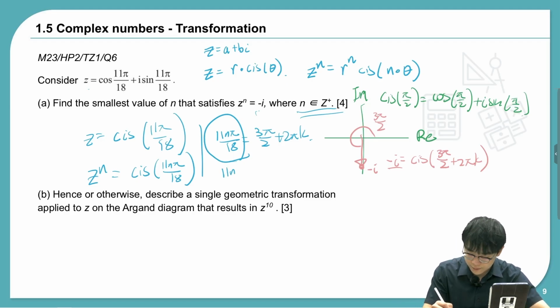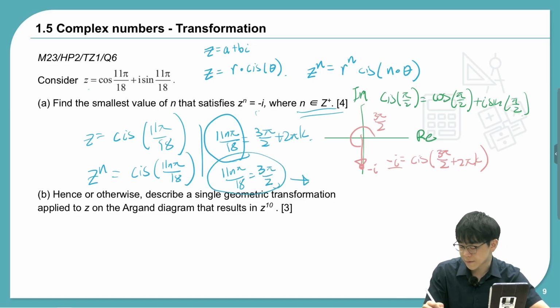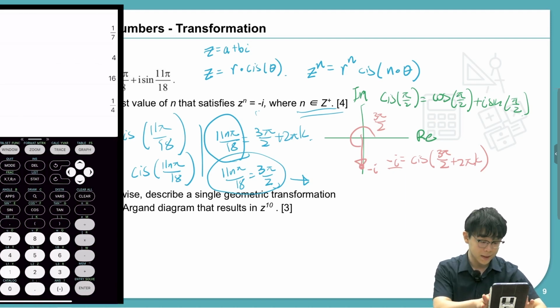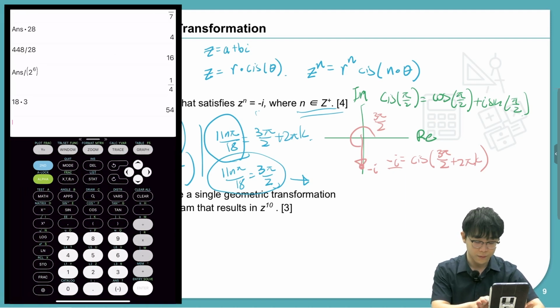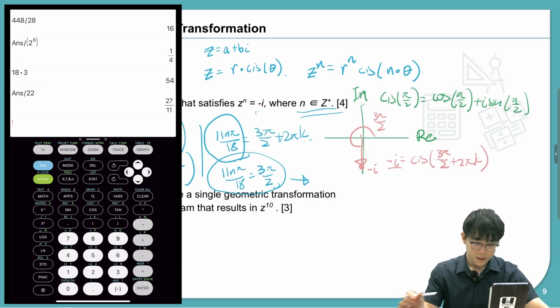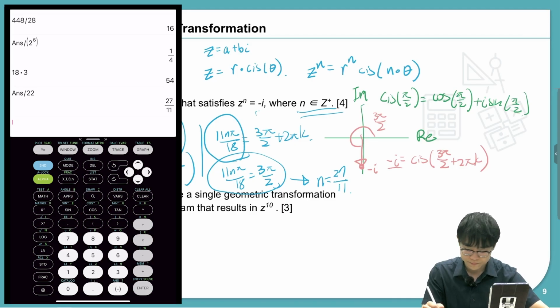So if you have 11n pi over 18, let's say it's going to be 3 pi over 2. Then that gives us the idea that n is going to be 18 times 3 over 22. So n has to be like 27 over 11.